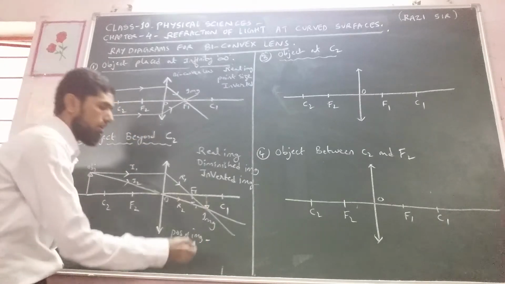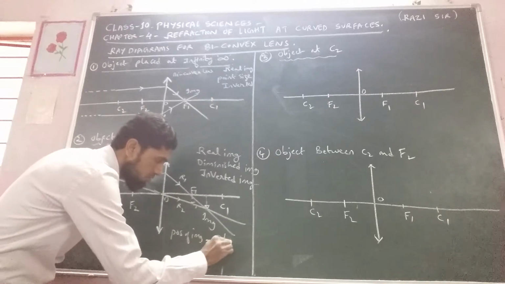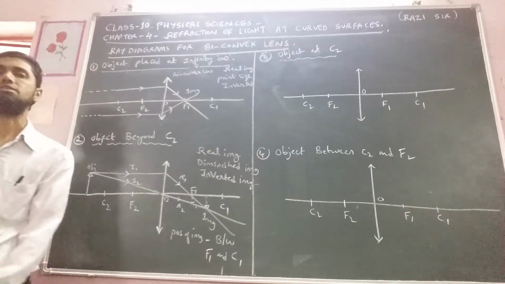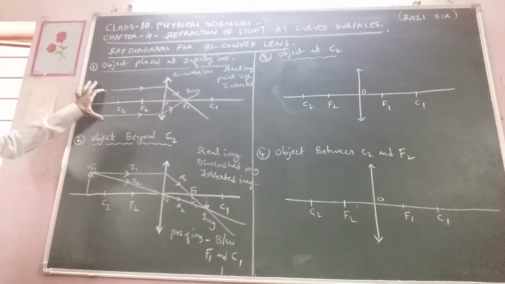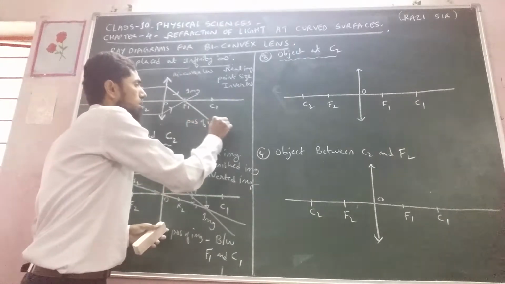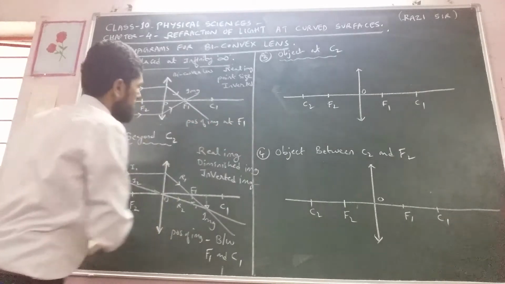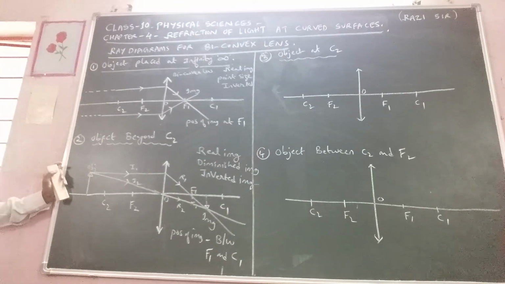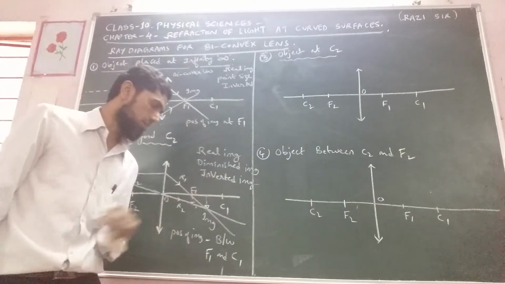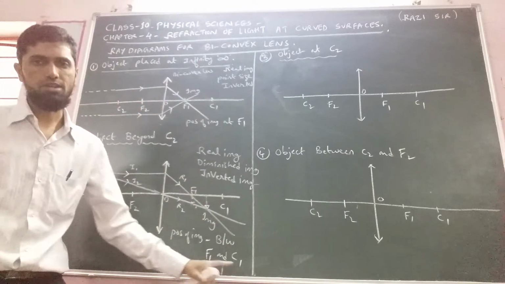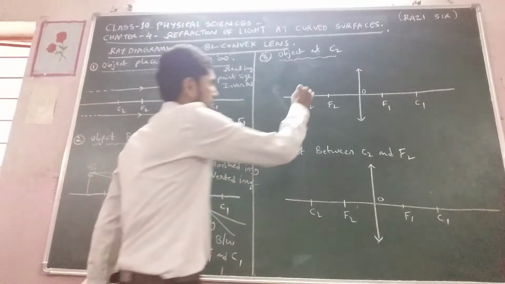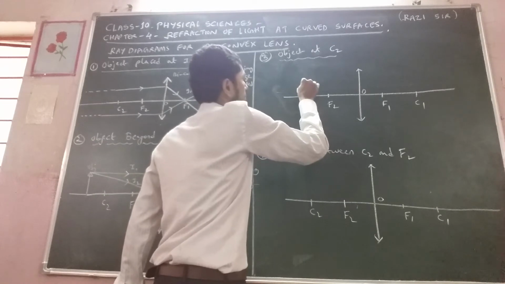It is between F1 and C1. In the first case, object at infinity, we get the position of the image at F1. In the second case, object beyond C2, we get a real, diminished, inverted image, with position of image between F1 and C1. Now coming to the third position, when the object is placed at the center of curvature.